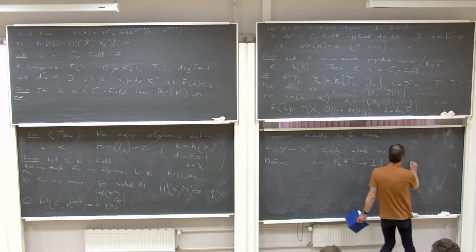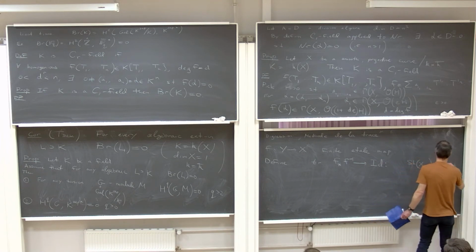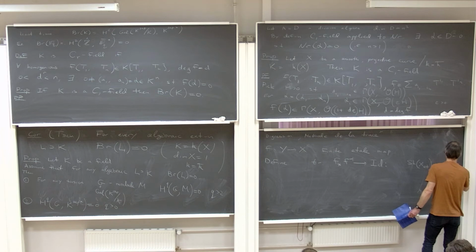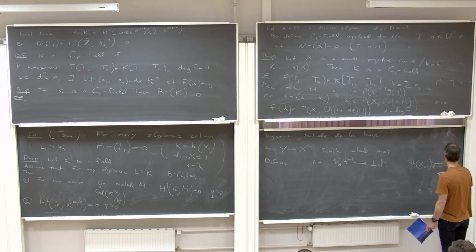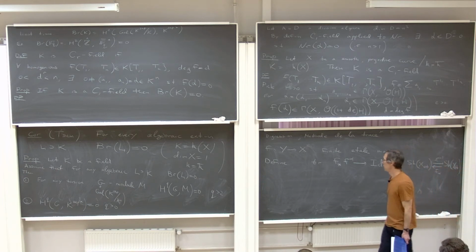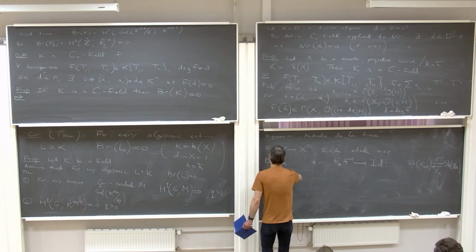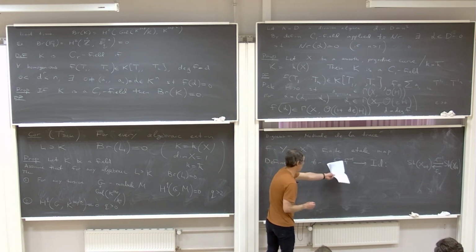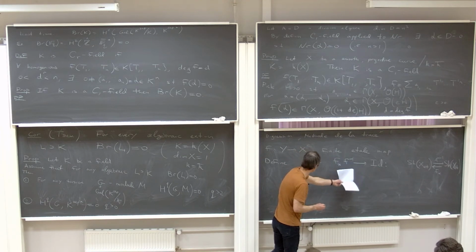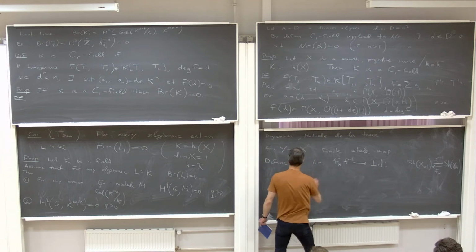So I have sheaves on X étale, and I have sheaves on Y étale, and I have two functors, this and this. One functor is f star, and this is f inverse. Okay, so suppose I have a sheaf F. I want to construct a morphism of sheaves on X. So here is the definition of the trace.